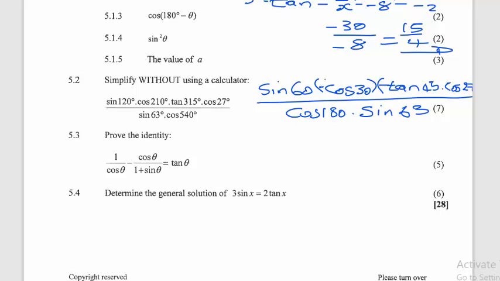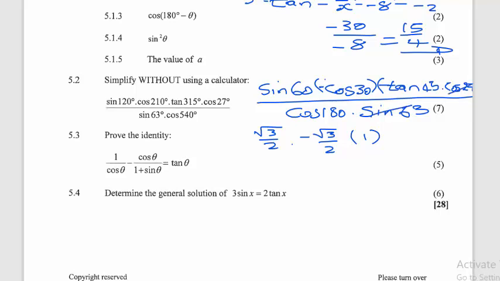So once you are at this point, you can then punch this into your calculator. Sine 60 is the same as square root of 3 over 2, and your negative cos 30 is the same as, again, square root of 3 over 2, and then you have your tan 45, which is 1, and lastly your cos 27.